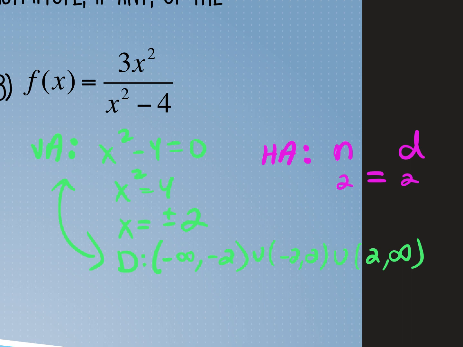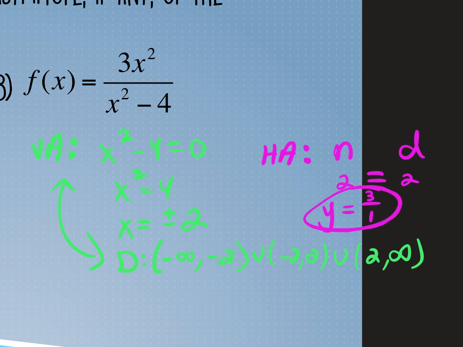When the numerator degree and the denominator degree are the same, what is your horizontal asymptote? Leading coefficient of the numerator, which is 3, over the leading coefficient of the denominator, which is 1. So there's your horizontal asymptote.